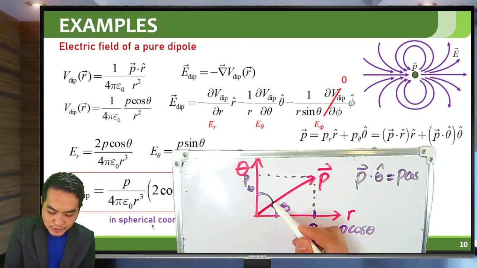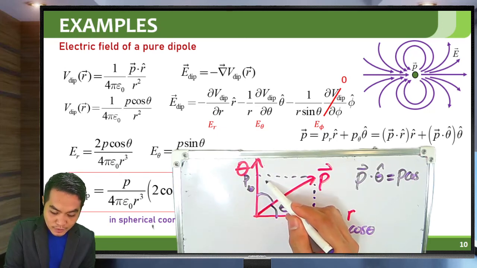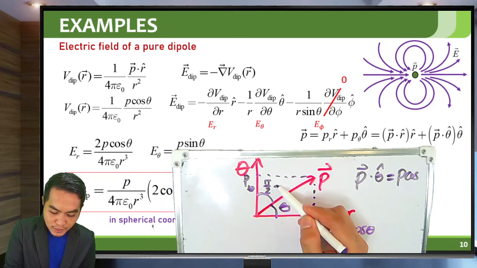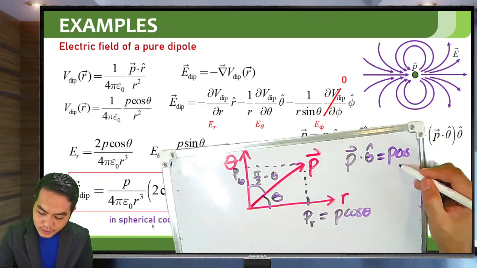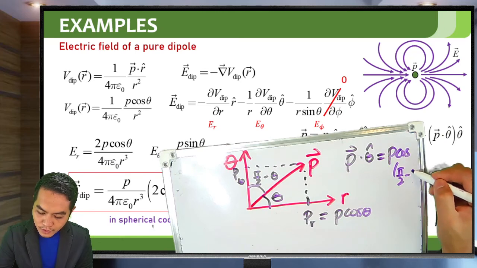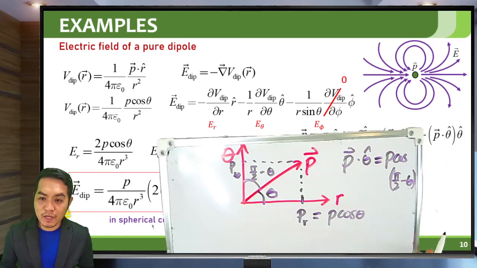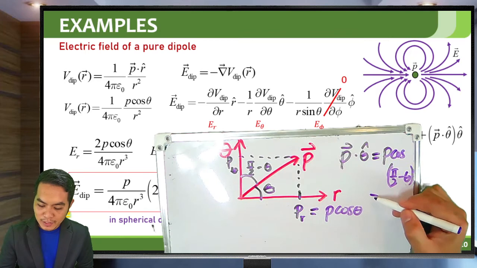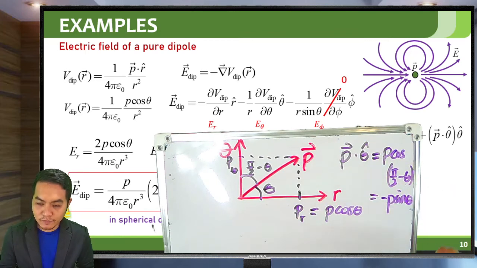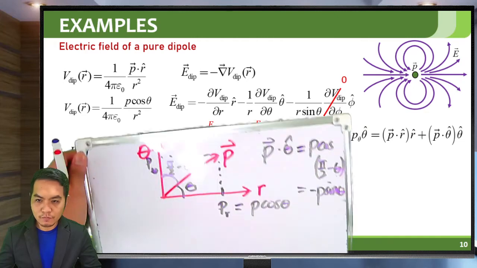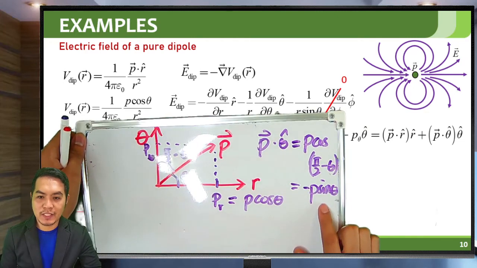This angle is actually pi over 2 minus theta. So you have cosine of pi over 2 minus theta, and that's actually just sine theta, with a negative sign here, so you will have negative p sine theta. So p dot theta hat will be equal to negative p sine theta.